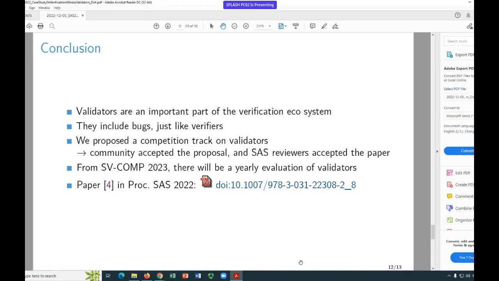And then the community discusses it and then fixes the program or the specification. So either the expected result is changed or the program is fixed. And this way, if there is disagreement, it will be resolved.